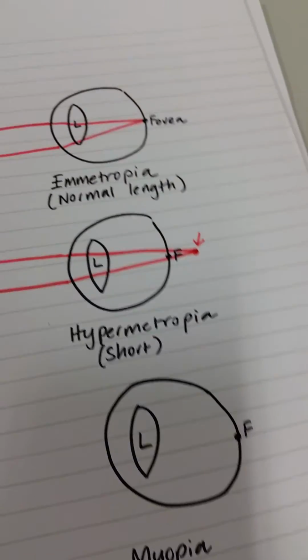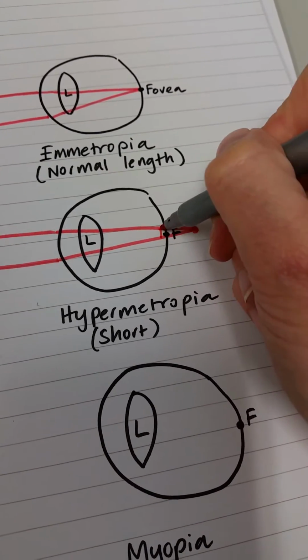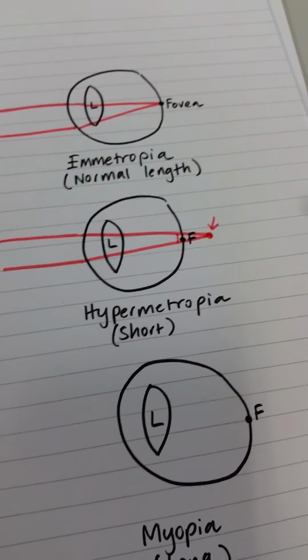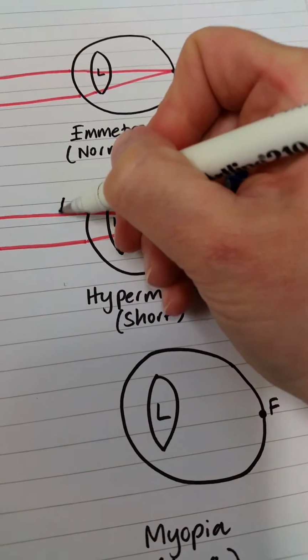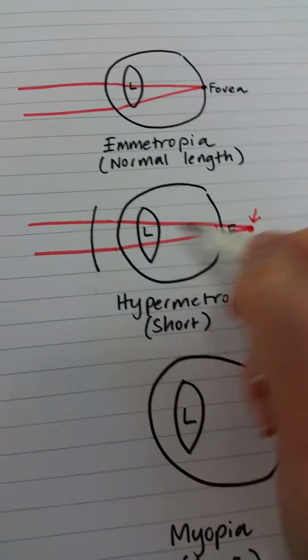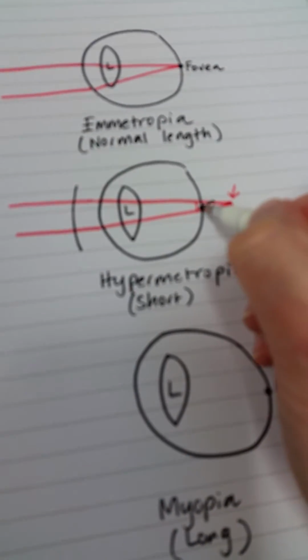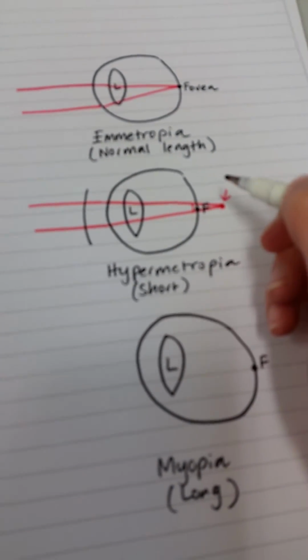And so the image that you get at this area is actually blurry. In order to fix that, we need to place a plus lens in front of the eye to bend the light rays so that they land here on the fovea.